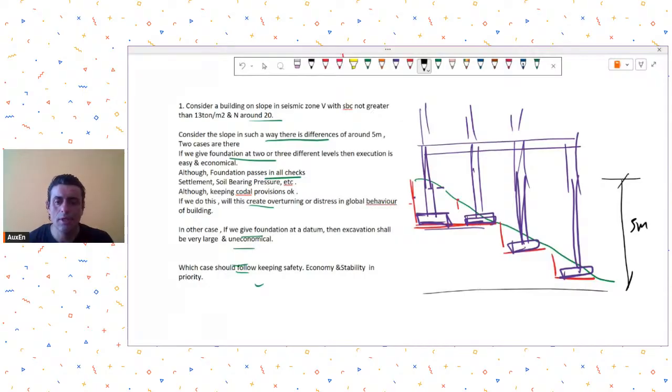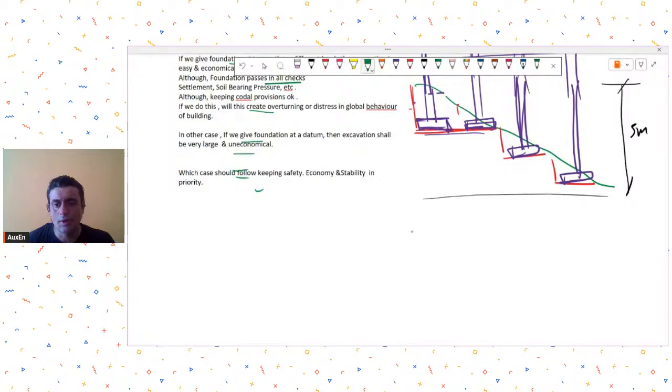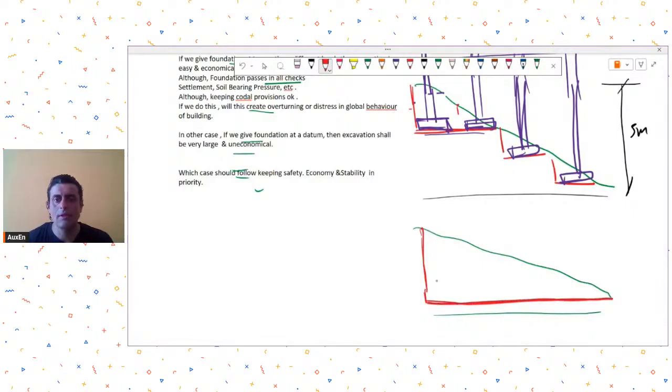Is it okay, or should he go for a scenario where it will be required to excavate to a general common level and then give all the footings at one level?